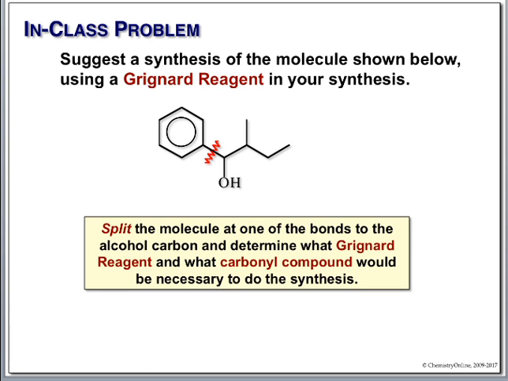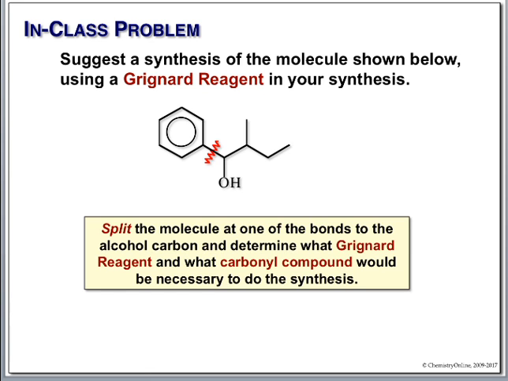Now, the half of the molecule with the OH used to be the carbonyl, right? And the other half was our Grignard. So, what was the Grignard? It was just a phenyl group. So that would be something like phenyl magnesium bromide.